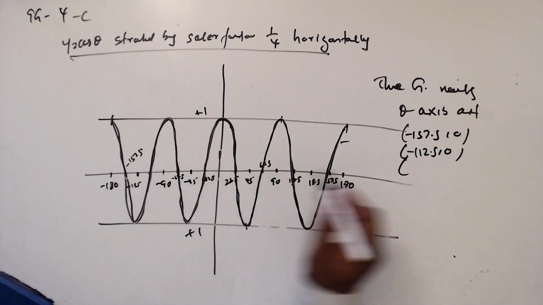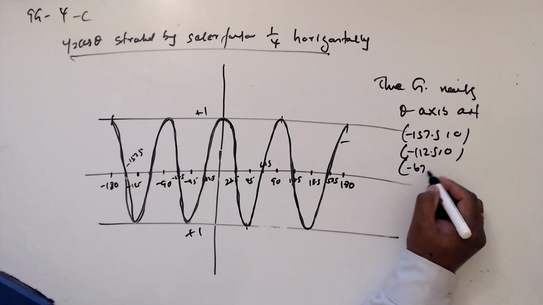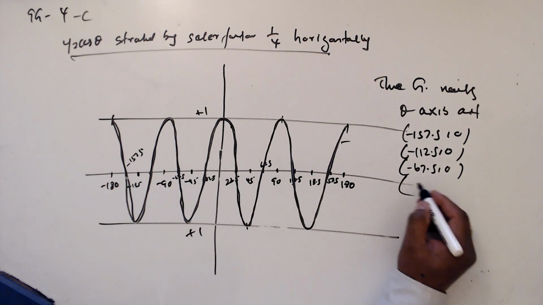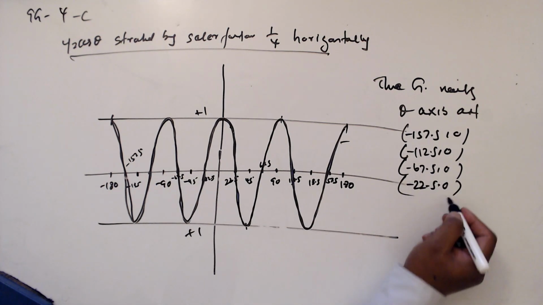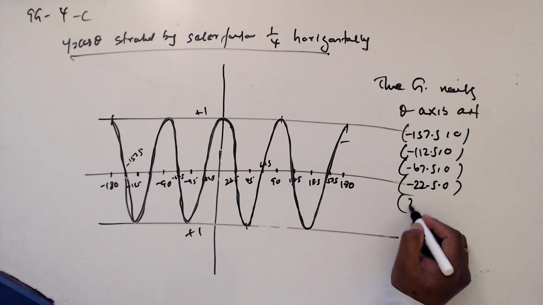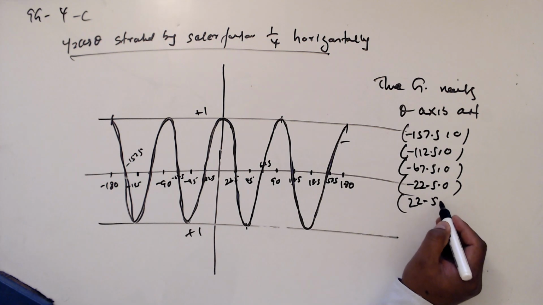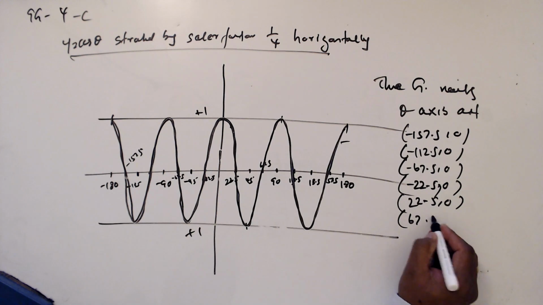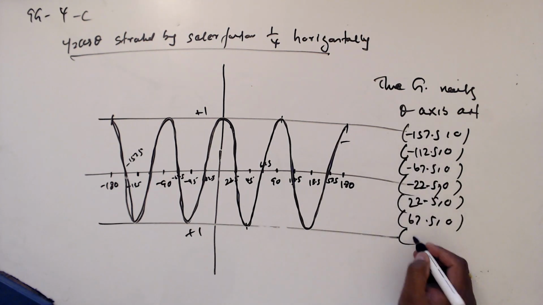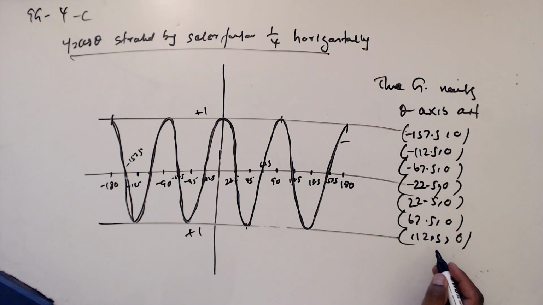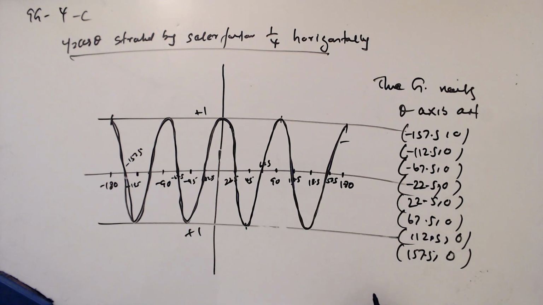The other one minus 67.5. The other one is minus 22.5, and to the other side as all the positives now. This one 22.5 and 0, and then 67.5, then 112.5 and 0, and 157.5 and 0.